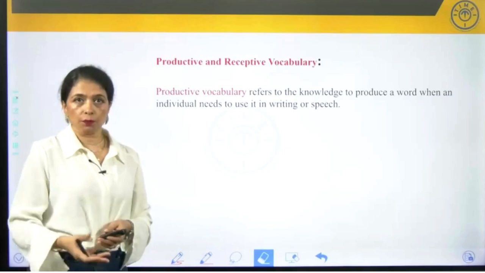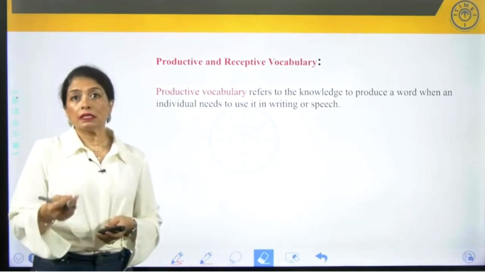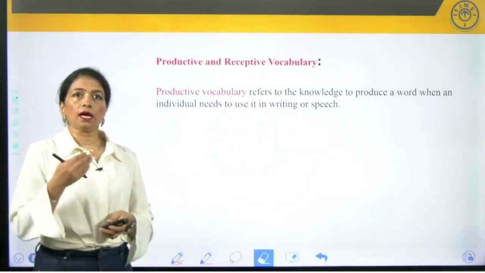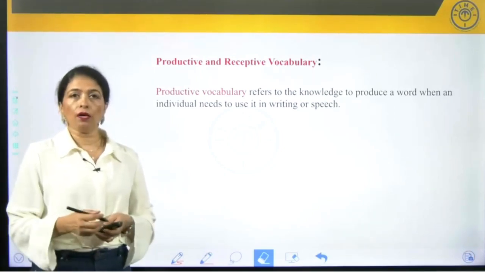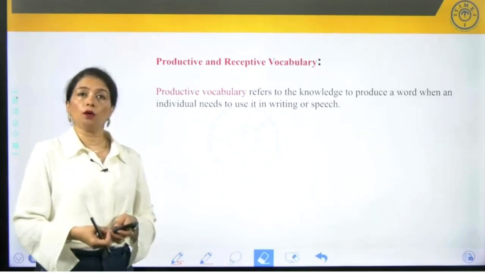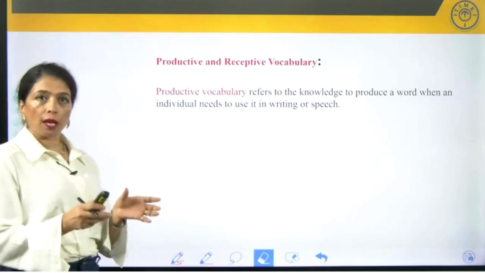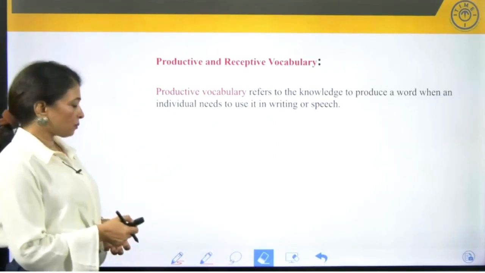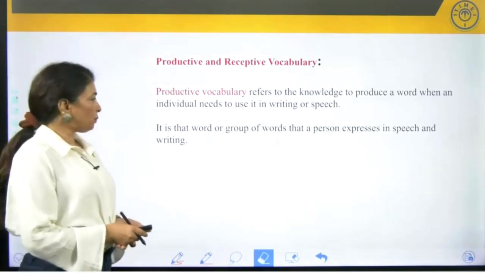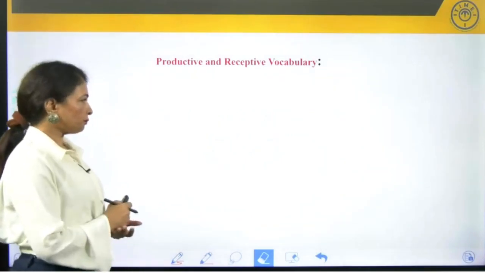Whenever we need to express, be it in speech or in any kind of writing, we come up with some words so that the ideas in our head may reach the receiver, and that set of words that we dig into and bring out are known as productive words. So, productive vocabulary refers to that set of words. It is that word or group of words that a person expresses in speech and writing. This is just a reiteration of what I told you right now.